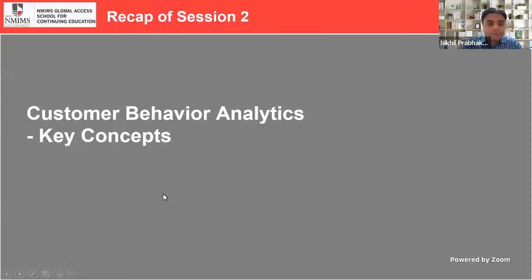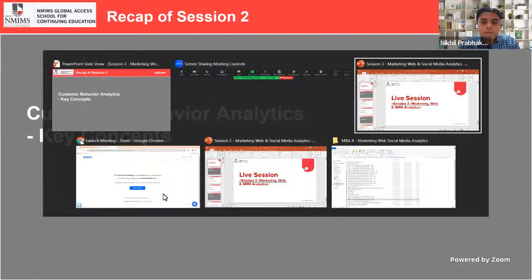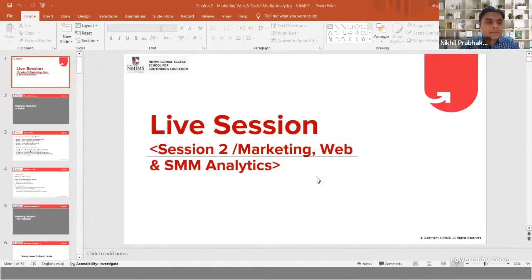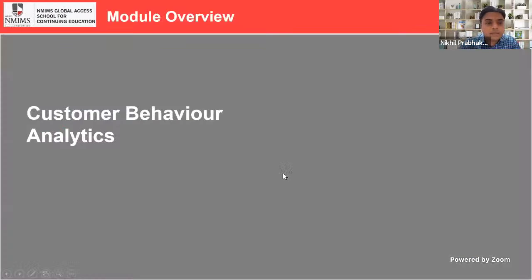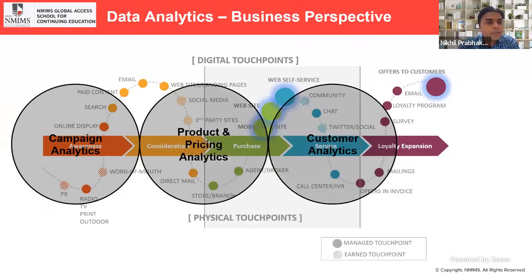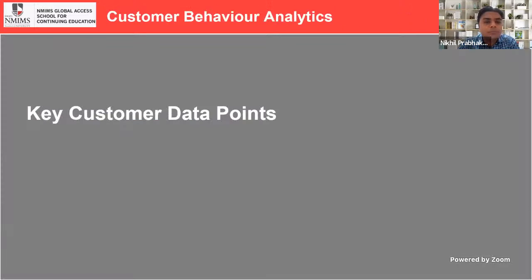Now, before we go through the session 3 part, the product and price part, let me take you through session 2 and some of the aspects that we were left with. In session number 2, we did a quick recap of session 1, and then we moved towards looking at the data points.